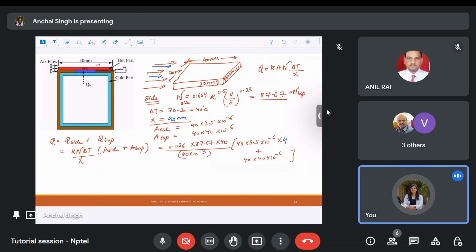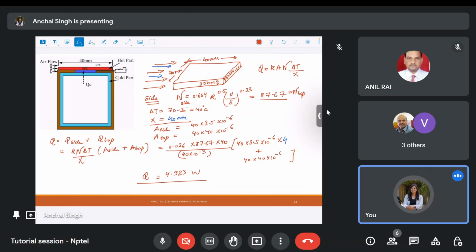Initially we had taken a cylinder, so there we didn't have to multiply, but here we have to multiply, and it will come out to be 4.923 watts.